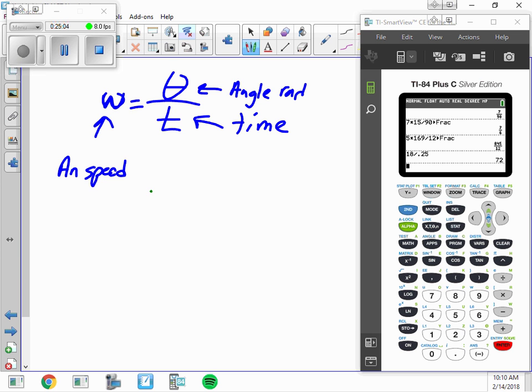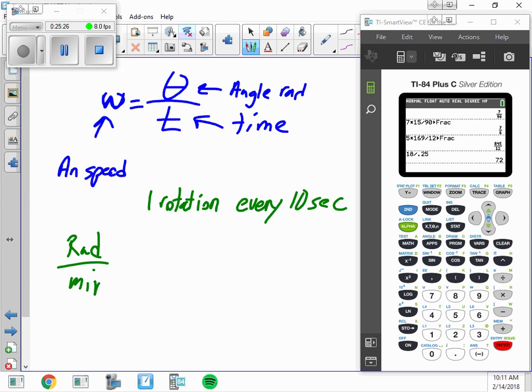So we complete one rotation every 10 seconds. Okay? And we want an answer in radians per minute. So what is the angle in radians?